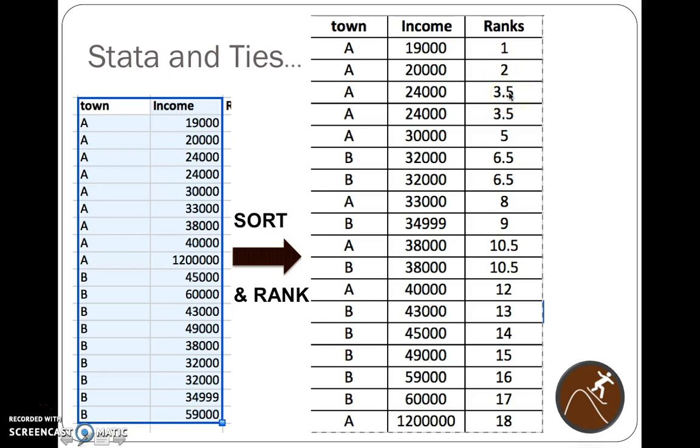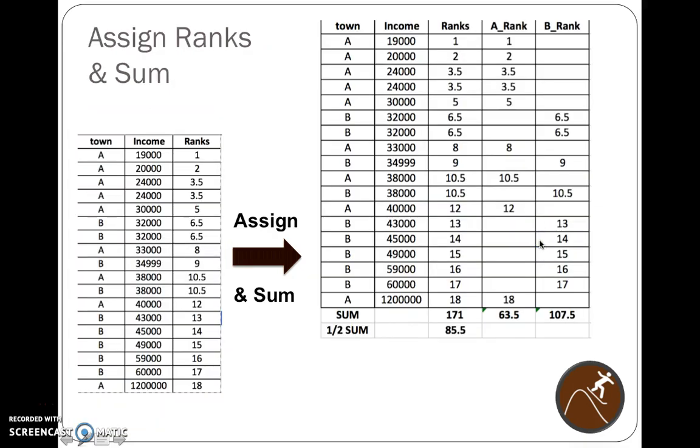So instead of giving them 3 or 4, we give them halfway between 3 and 4. We give them 3.5 and 3.5 and then jump up to 5. And then 32,000, 32,000 for town B. Those were tied, so we give 6.5 and 6.5 and jump to 8. We see 38,000. There was one in community A that was that. There was one in community B that was that. So they're tied. They share their ranks. And you do that all the way through.